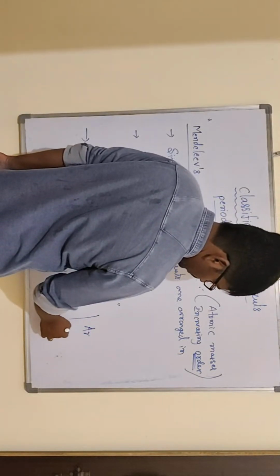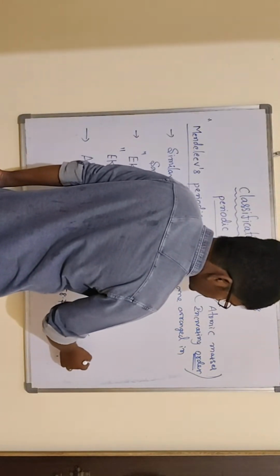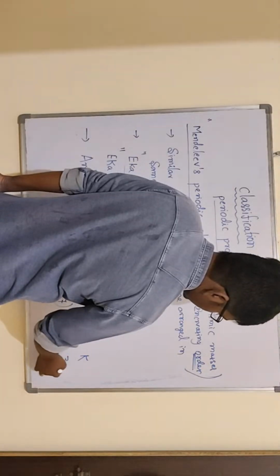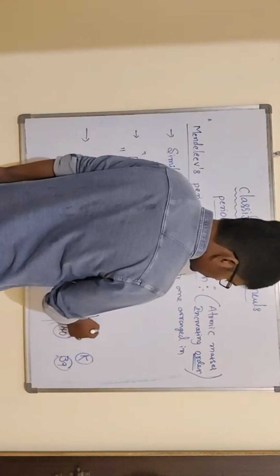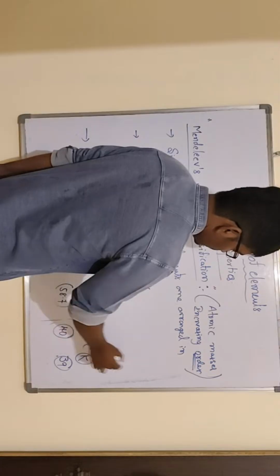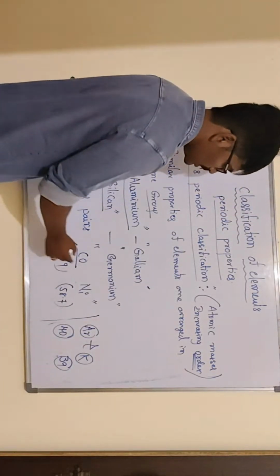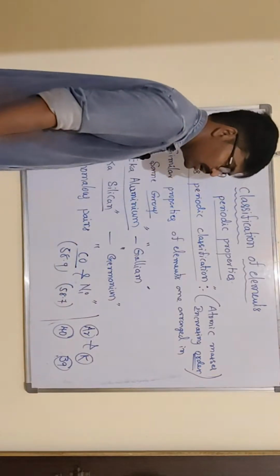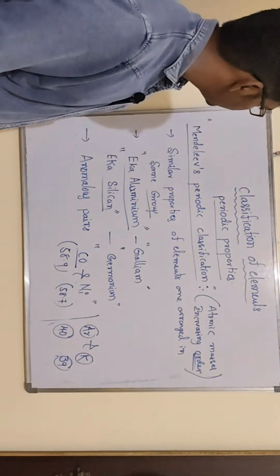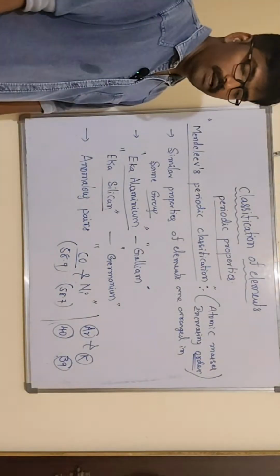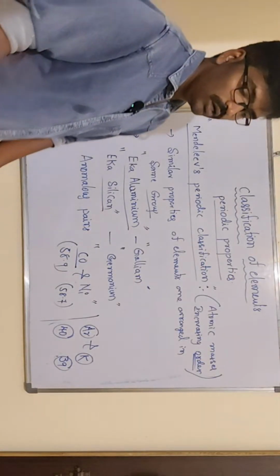So these elements are also arranged in decreasing order. So these two pairs, cobalt and nickel, then argon and potassium, are anomalous pairs in Mendeleev's periodic classification. Let's note it, all of you.